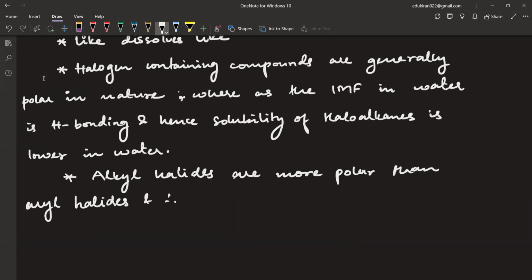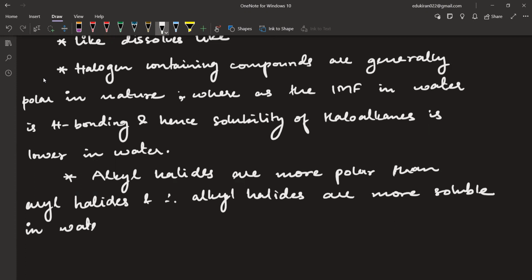And therefore alkyl halides are more soluble in water. Okay, so RX has more solubility than ArX.